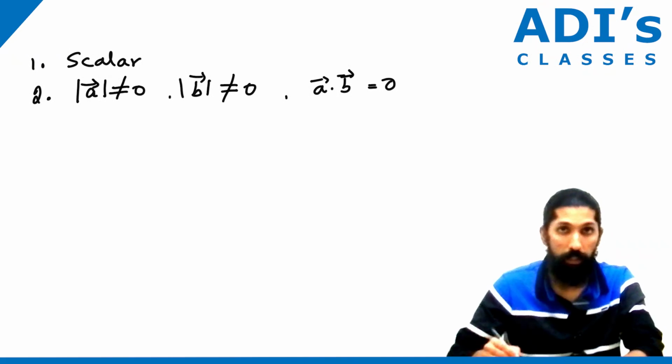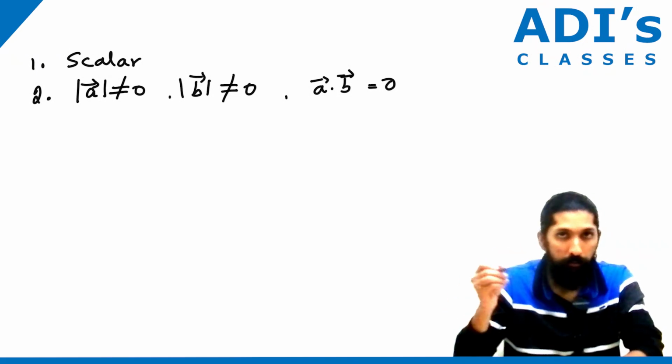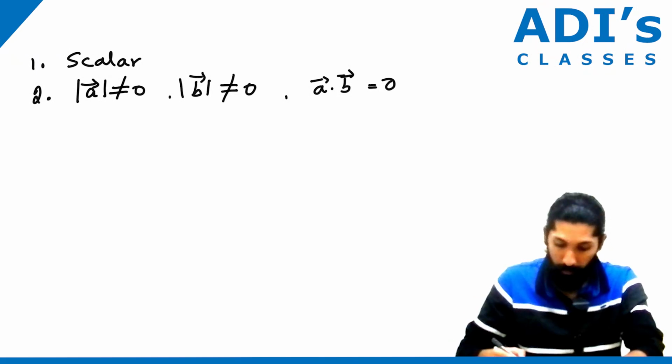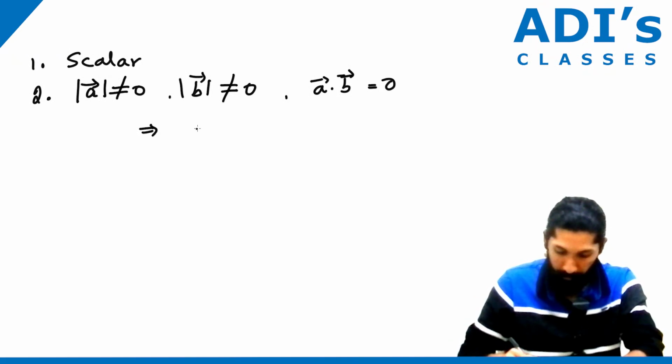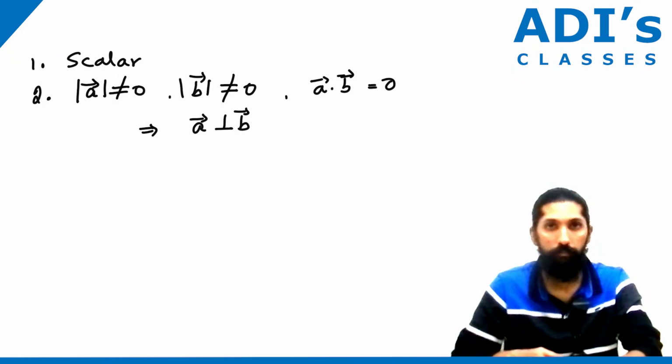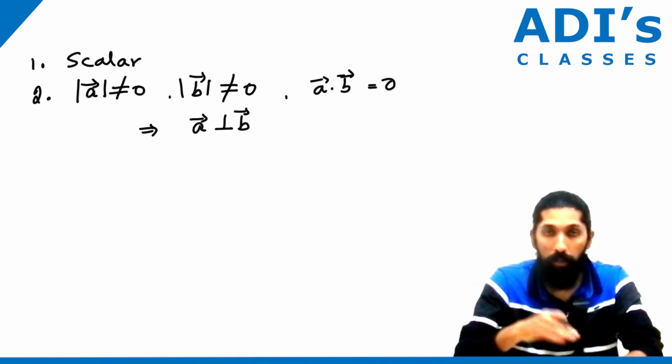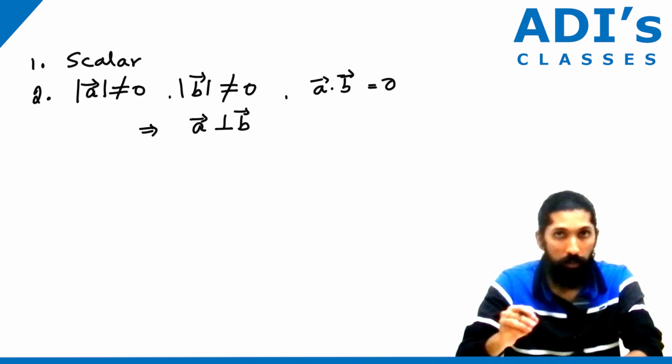Then the angle between vector A and vector B is 90 degrees. In other words, vector A is perpendicular to vector B. The reason is that cos 90 has to be 0. They are called orthogonal vectors.